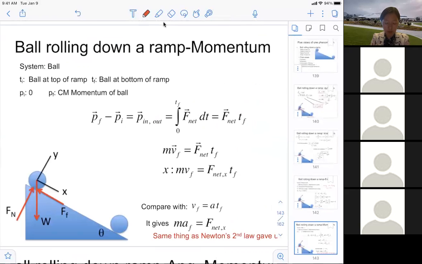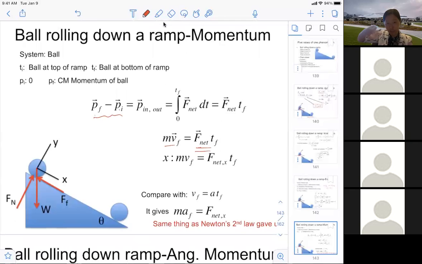The final momentum is mv, the initial momentum is 0, and the momentum transfer is force times time. The change in momentum is only in the x direction, so I only need to account for the force in the x direction. And velocity is really acceleration times time. So momentum conservation gives you F equals ma, which is nothing new compared to Newton's second law.